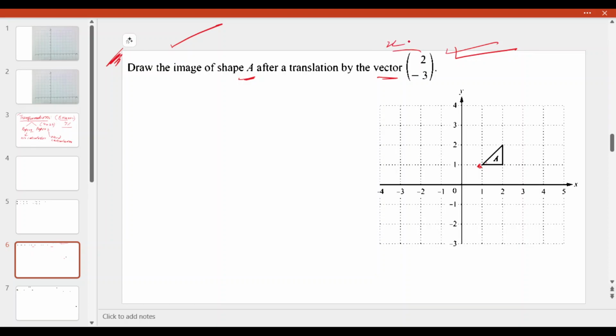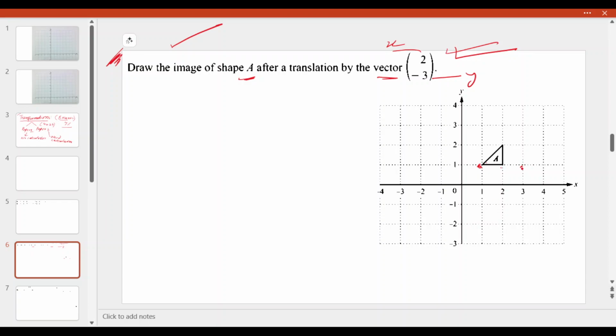This is x axis, x coordinate, this is y axis, y coordinate. So we move, in the positive direction, 2 is x axis in the right side or in the positive direction. So we move this point 2 units to the rightward, 1 2, and this minus 3 indicates y-axis in the downward direction in the negative axis.